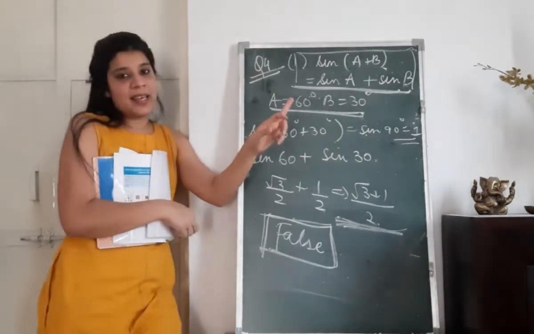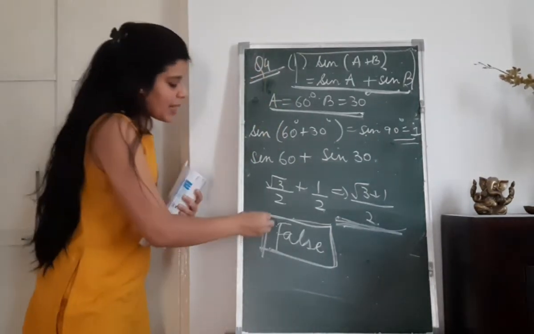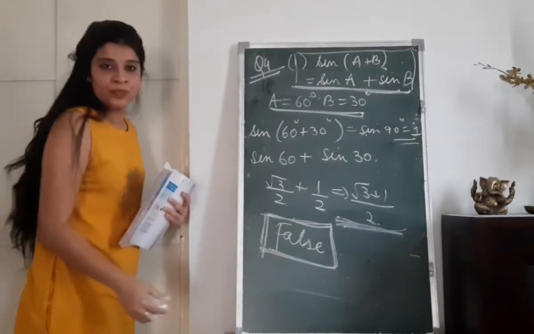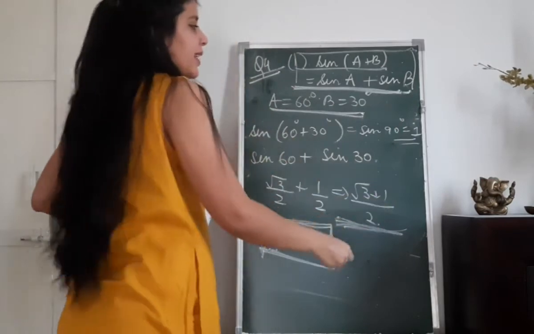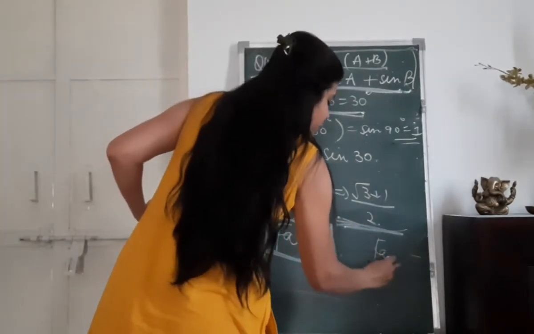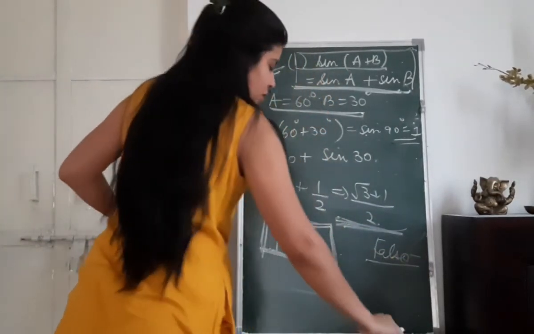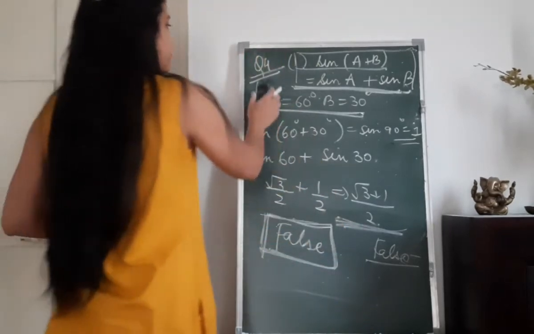But in this case, it is coming as false in our first value, right? Therefore, this statement is not equal to this and your answer is false. So I hope this question is clear to you.